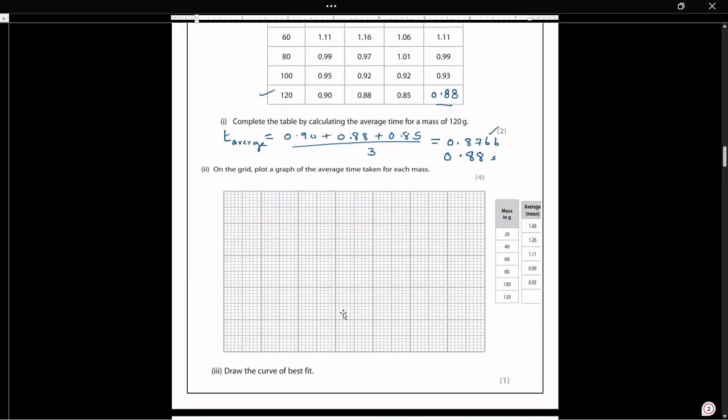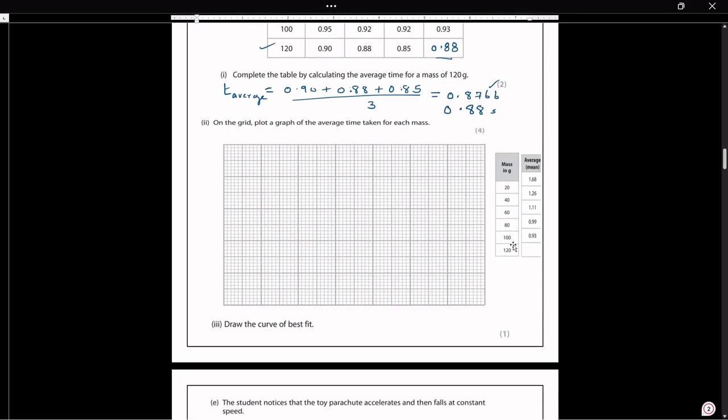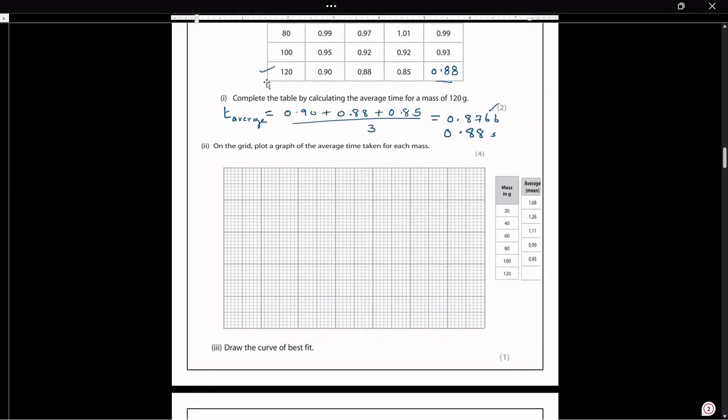Now the next one is to draw a curve of best fit. To save time, I copied the mass, the first column, and the last column, the average time, because they need a graph of the average time against mass. I also included the last value we calculated, 0.88.